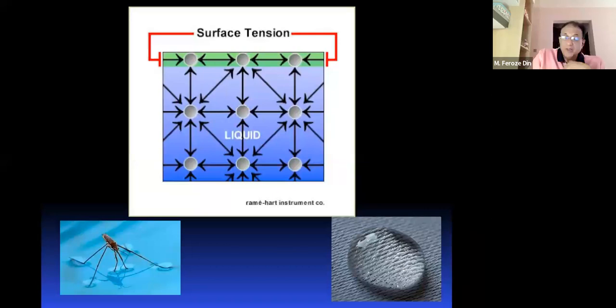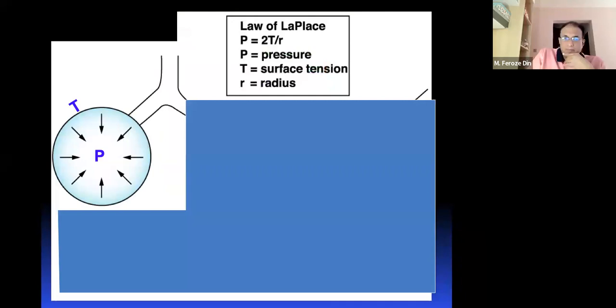Why is this important? Let's imagine an alveolus full of air. It of course has a thin film of fluid. There's no life without water; all our tissues are moist.